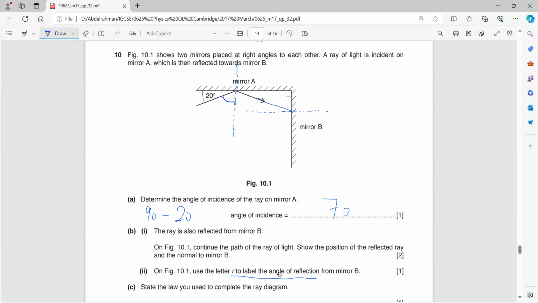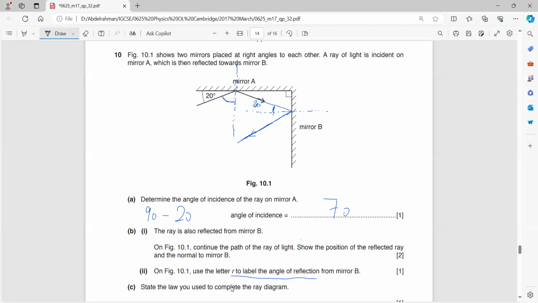This is the angle of incidence. If you measure this angle of incidence, it should be 20 degrees. What will I do? I will draw a reflected angle back inside, definitely, because this is reflection.